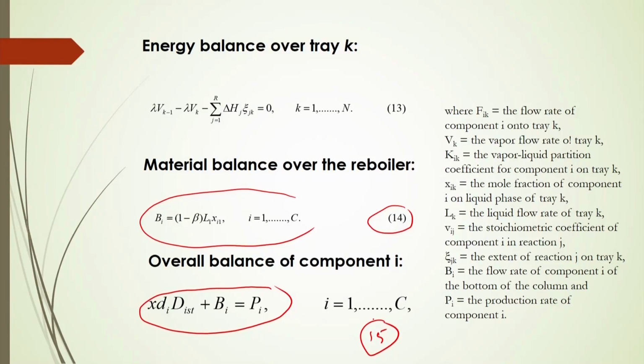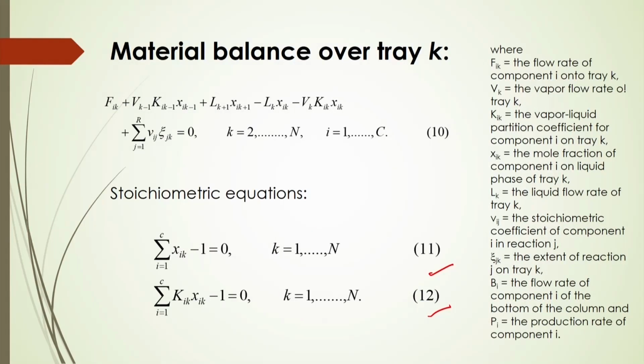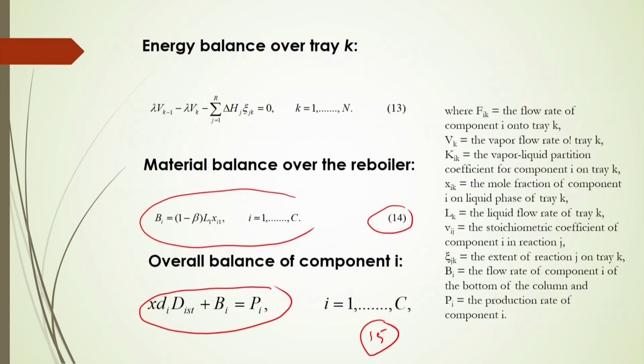So, we are getting the material balance over tray K, the energy balance over tray K, the material balance over the reboiler, and the overall balance of component I.